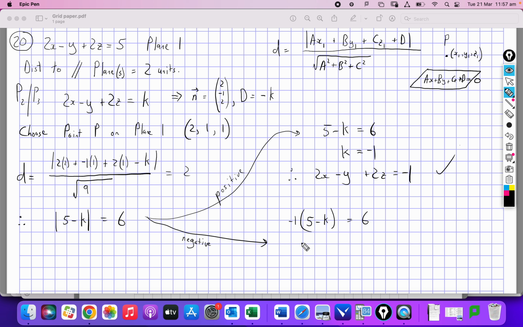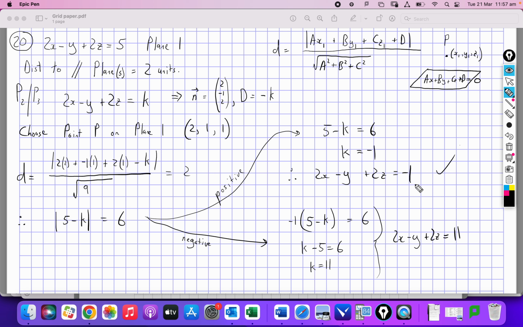So what do we get? We'll get k minus 5 equals 6, and therefore k is 11, and if k is 11, I've got another plane equation, which is 2x minus y plus 2z equals 11.